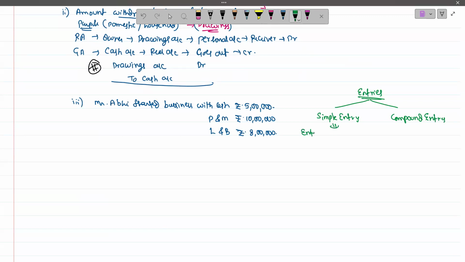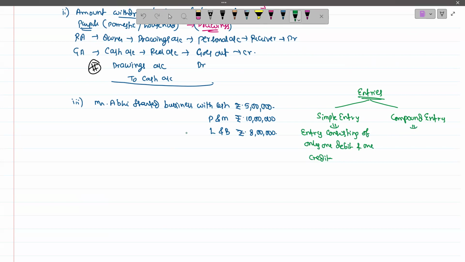A simple entry is nothing but an entry consisting of only one debit and one credit.